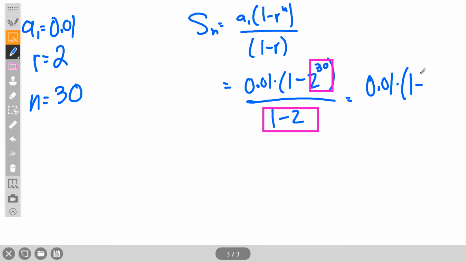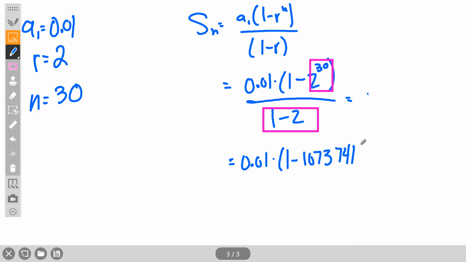Yeah, it's very big. I'm not going to have room for it here, so let me move this. 0.01 times 1 minus 1073741824 over 1 minus 2, which is negative 1.